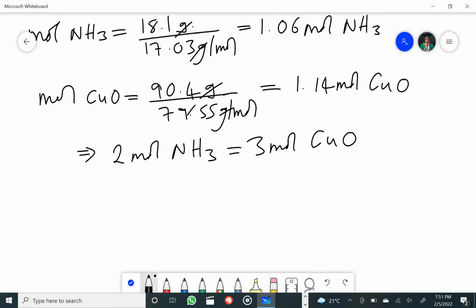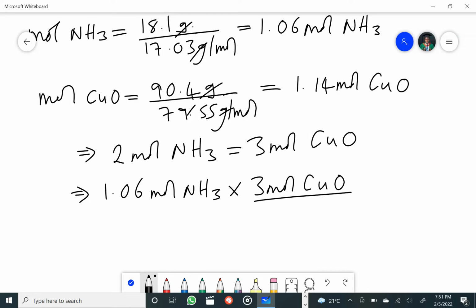So let's go with the moles of ammonia. We've got 1.06 moles of ammonia, and then we multiply by the moles for the thing you want, which has to be the numerator, over 2 moles for this, which is the mole ratio.